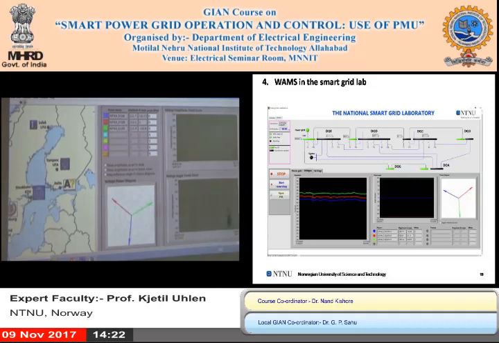I don't know if you see, but this is a 5-minute window. And you see now the three phase voltages, magnitudes here, and the angles here.